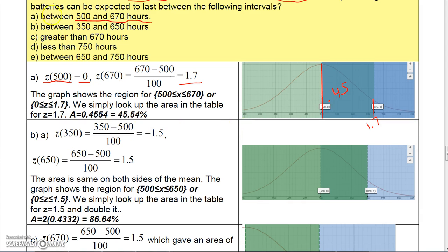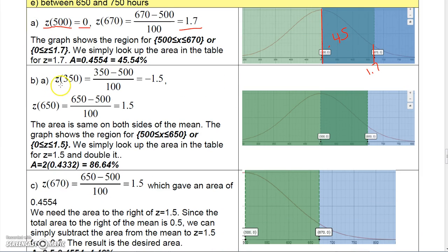Now, the next one says between 350 and 650. Well, I need the Z-score for 350, which is negative 1.5, and the Z-score for 650, which is positive 1.5. Since 650 is to the right of the mean, remember the mean is in the middle of the curve, and 350 would be to the left of the mean.